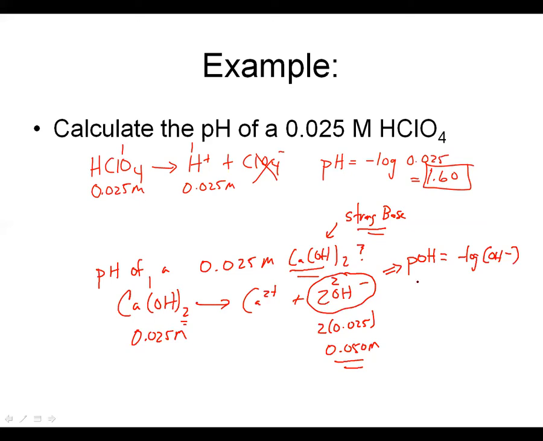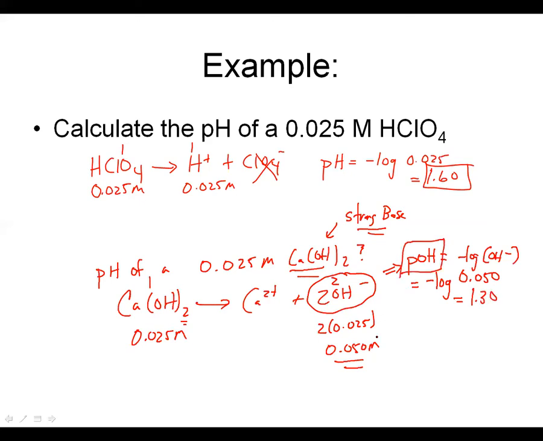So that's going to give us our OH minus, which means minus the log of 0.05 will give us our pOH of 1.30. And again, a reminder that this is not the pH, this is our pOH.